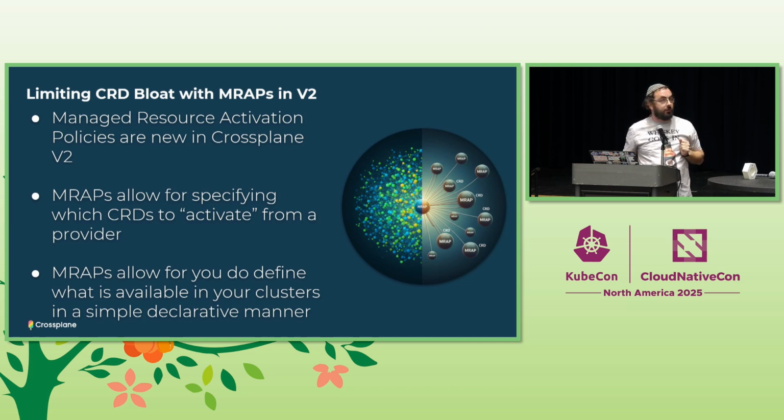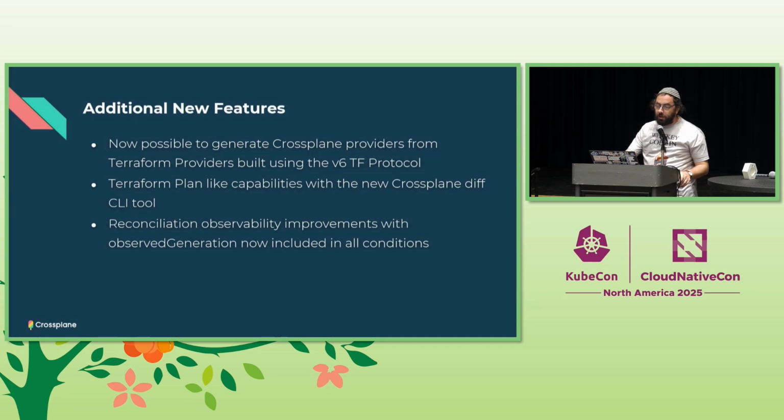Only install these 3 for me. So we have the ability to dynamically say what I want to use and have that installed in my cluster, instead of needing to install the entire EC2 API group into my cluster when all I need is an EC2 instance. So this really gives us a lot of flexibility and lowers the load on our API server.